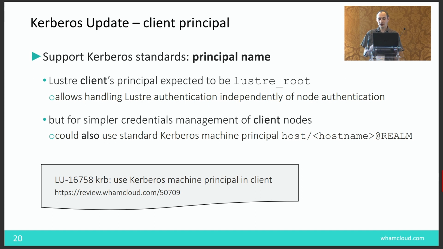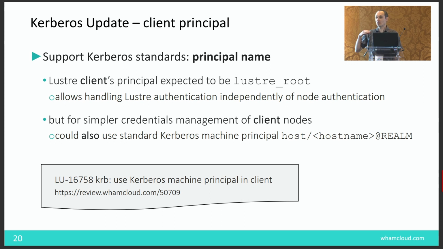I wasn't there back for Lustre 1.8 or 2.0, at least I wasn't here for the design decisions that were made regarding that. I guess that it enables you to have a separation between node authentication and Lustre authentication. So having a Lustre-specific principal makes things completely separated.